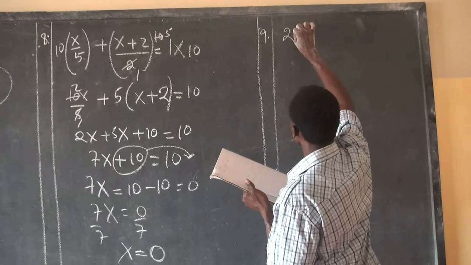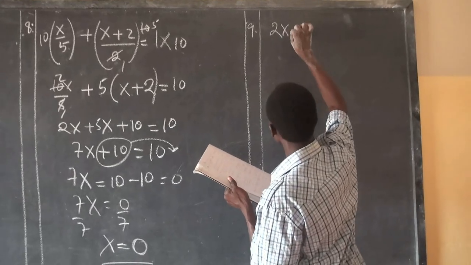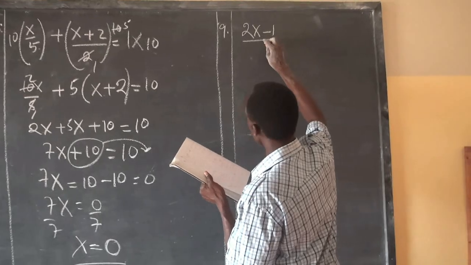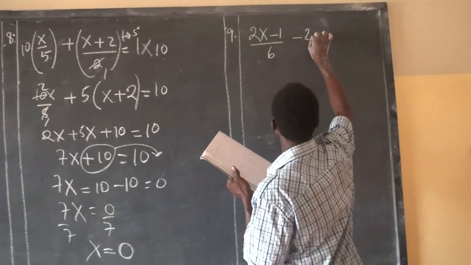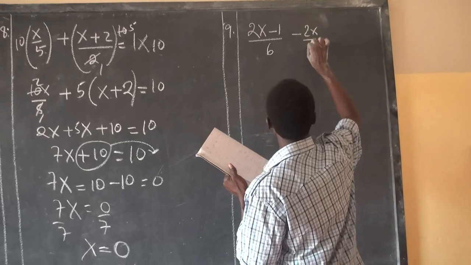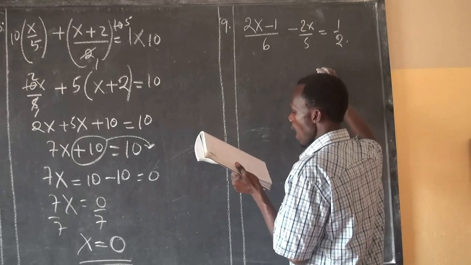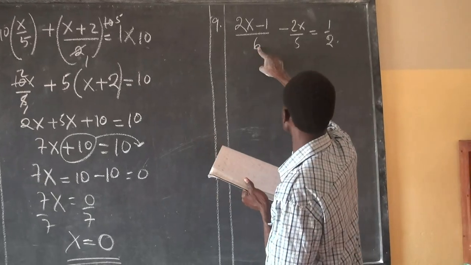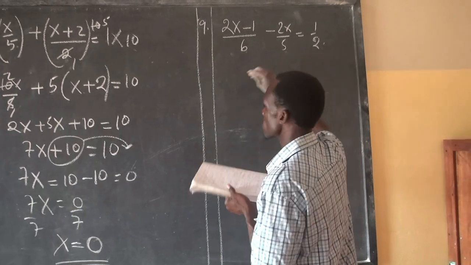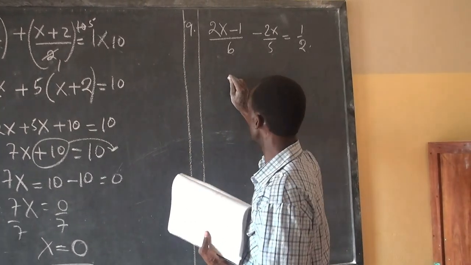Question number 9. 2x minus 1 over 6 minus 2x over 5 is equal to 1 over 2. Now, the LCM of 6, 5, and 2 is 30. You understand?